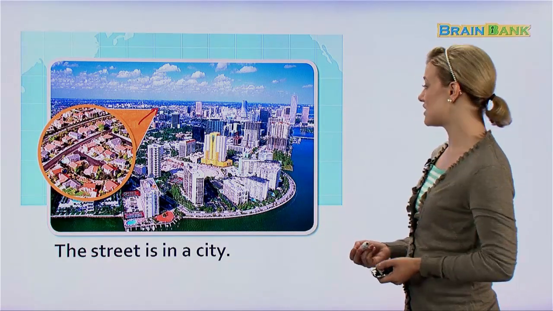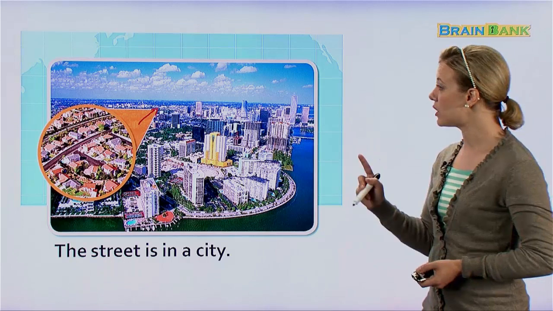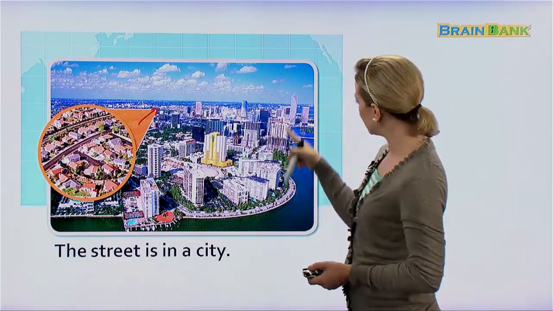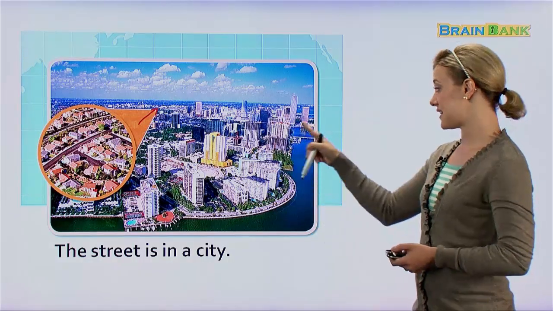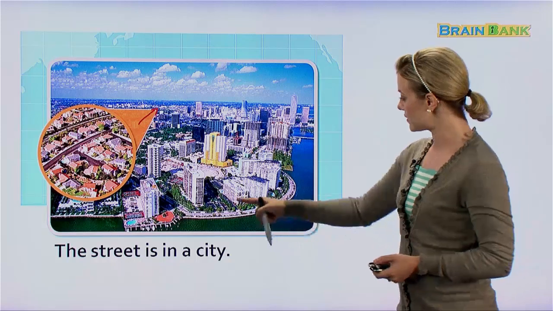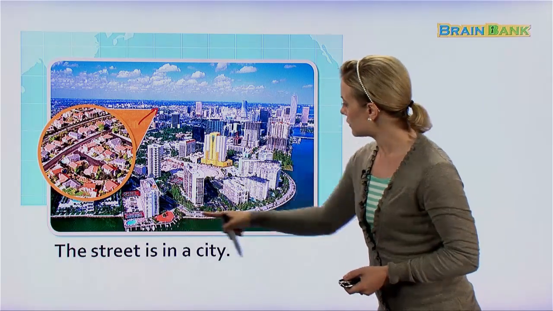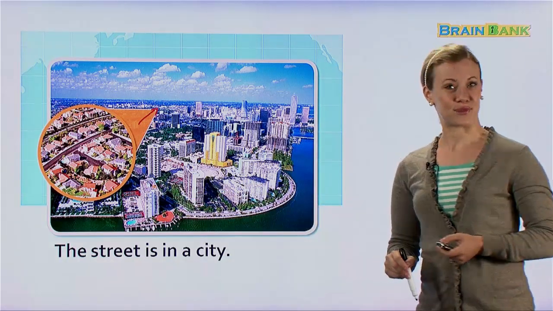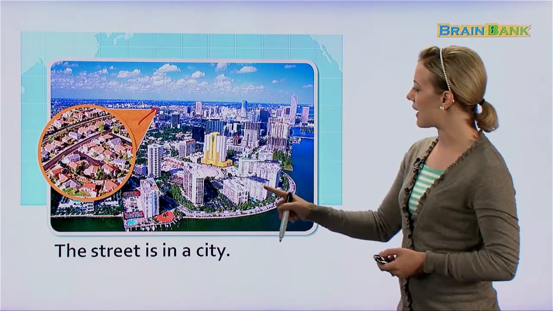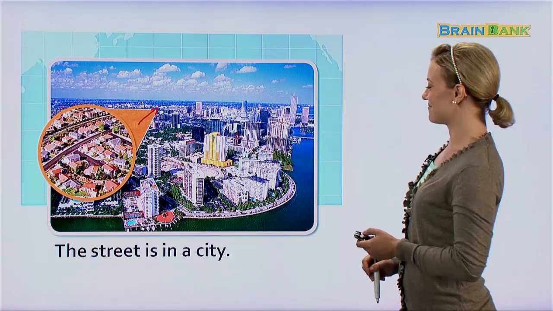No, we don't know which city this is yet, but we do know that her house is on a street, and the street is in this city. Now, whatever city this is, we do know that it must be a port city. It is surrounded by quite a lot of water, right? So we know that this is somewhere by the water where she lives, okay?